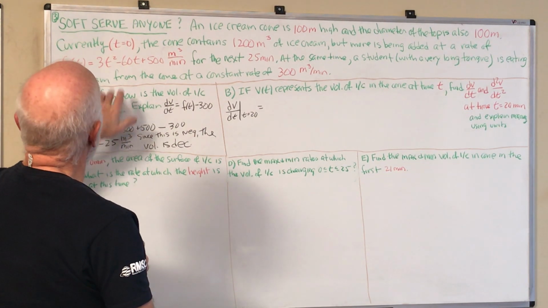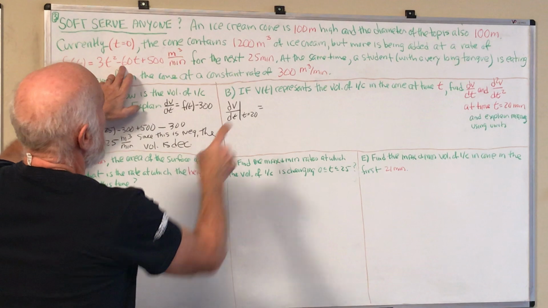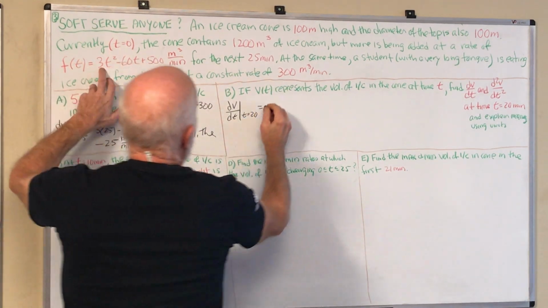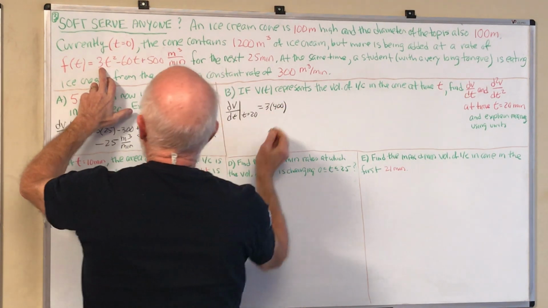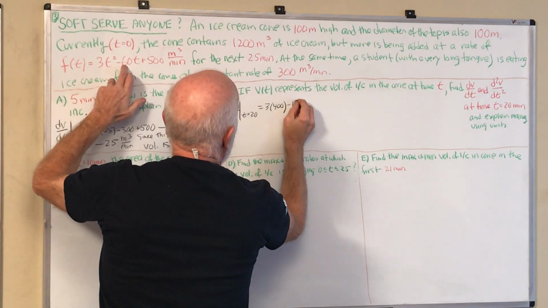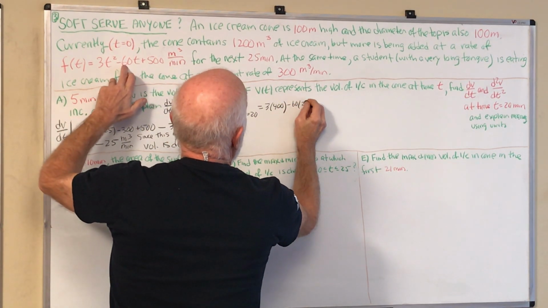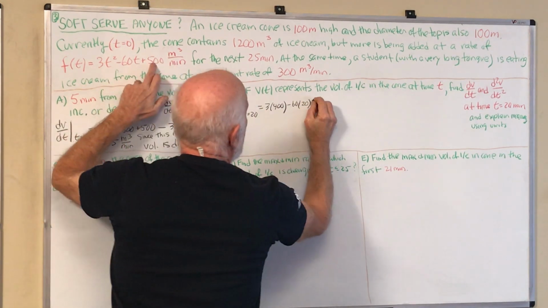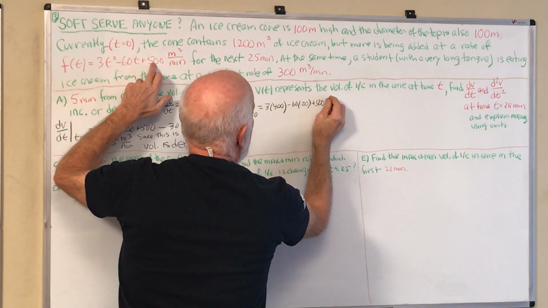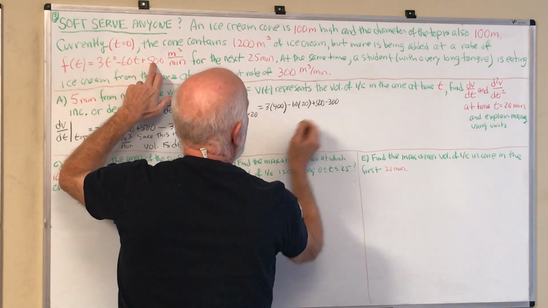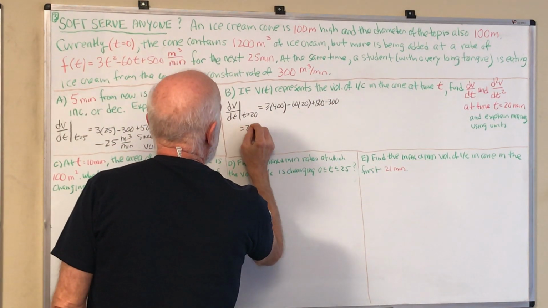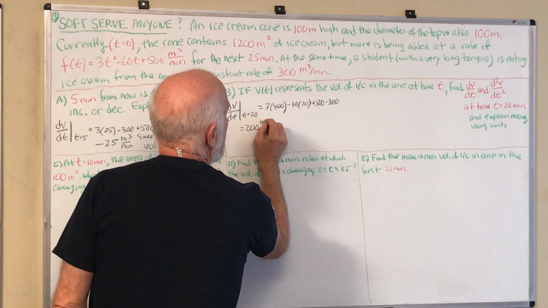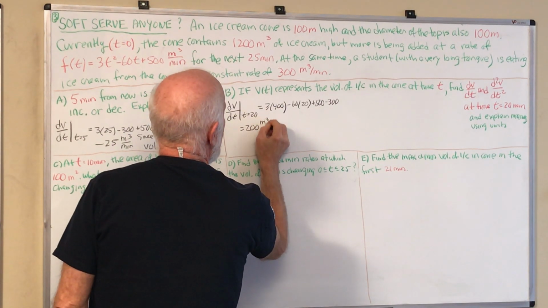We plug it into this minus this. So 3 times 400 minus 60 times 20 plus 500 minus 300. Those cancel, so you get 200 cubic meters per minute.